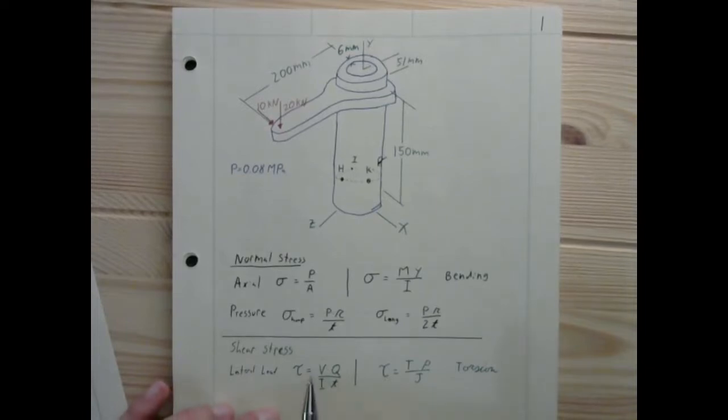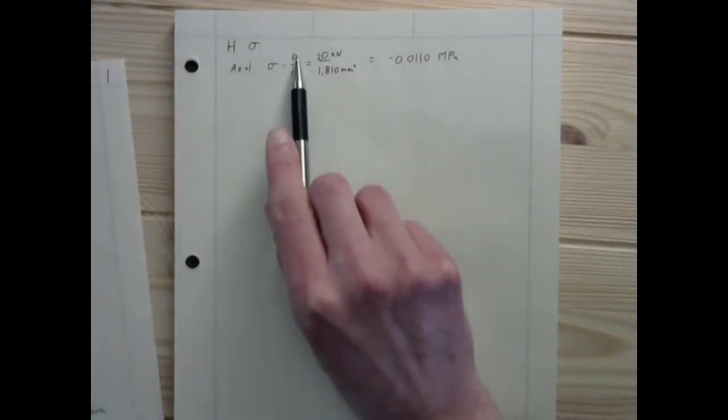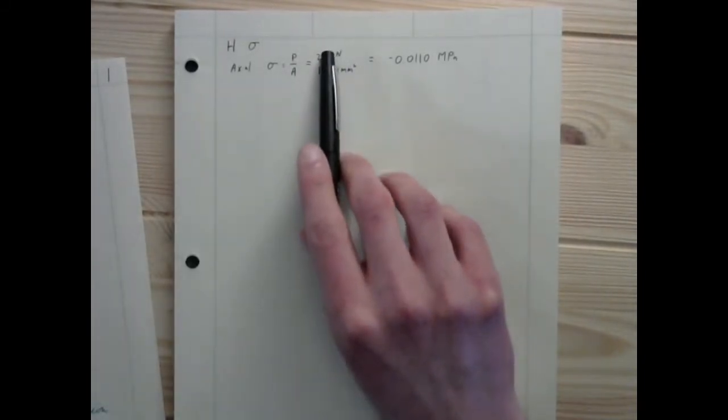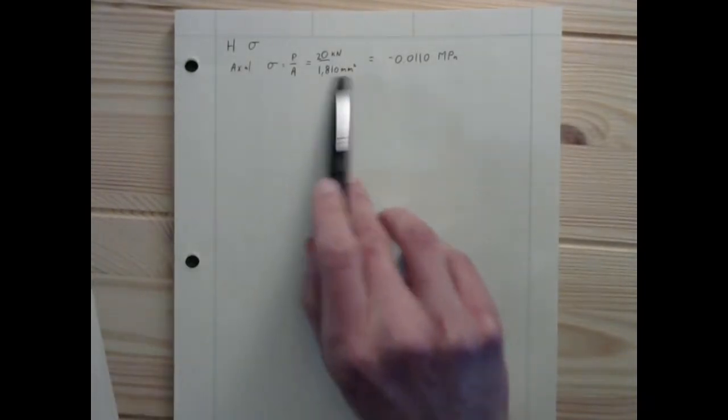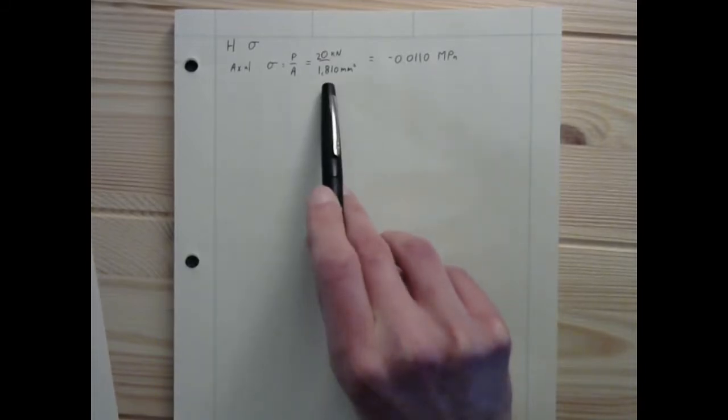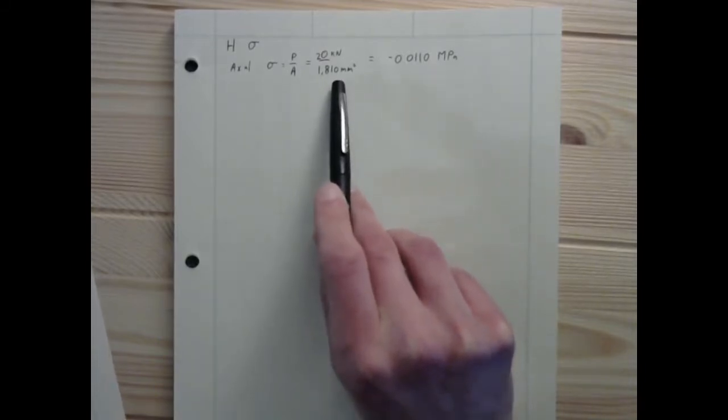That's certainly the easiest stress equation to think about. So that's going to be caused by force over area. In this case, we've got 20 kilonewtons in the y direction, and we can divide that by our cross-sectional area, which we said was 1,810 square millimeters.